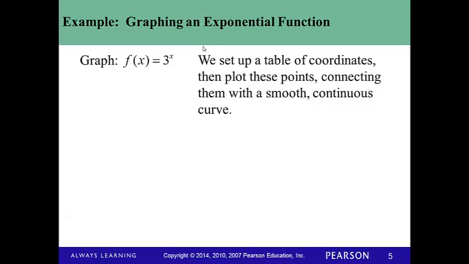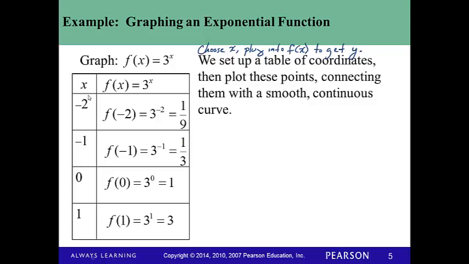How about this? Choose x, plug into f of x to get y. So you choose the x, plug into your f of x, and y will come out. Once you do that, you'll have these points. Therefore, you must plot the points and then connect them with a smooth, continuous curve. Your exponential function has a curve to it.